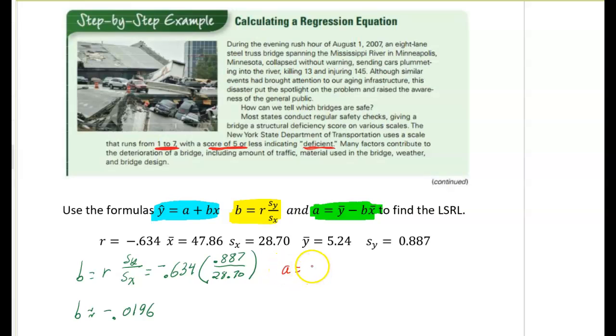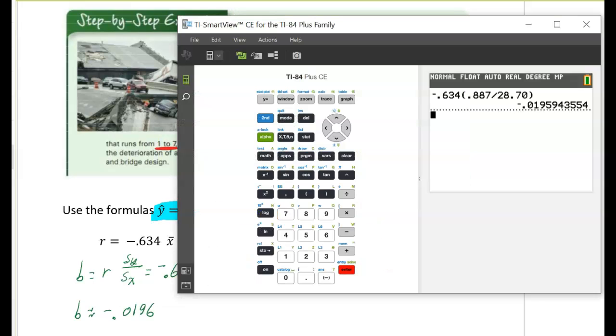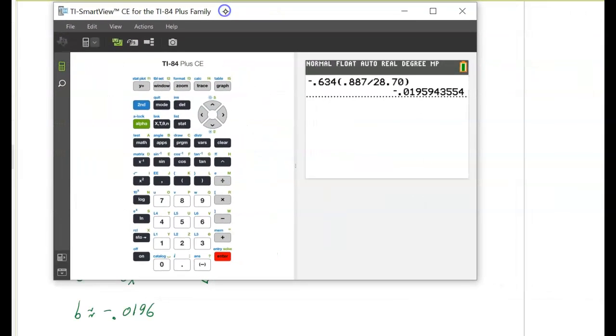Then we will need to find the y-intercept. So the y-intercept a is 5.24 minus the value of b, negative 0.0196, times x bar, which is 47.86. I'm going to show you how to do that on your calculator. Remember how Cole did it, or we can use the answer button, whichever you prefer.